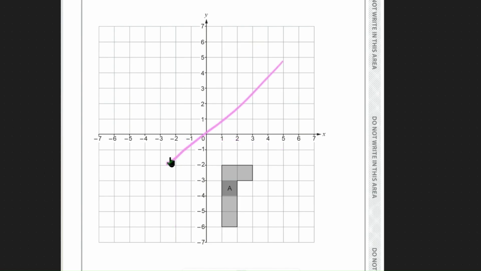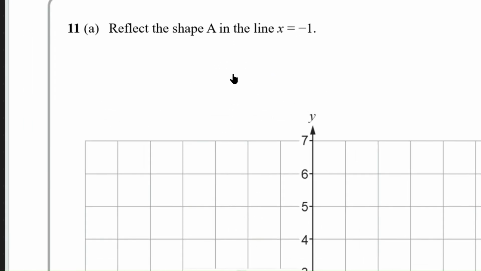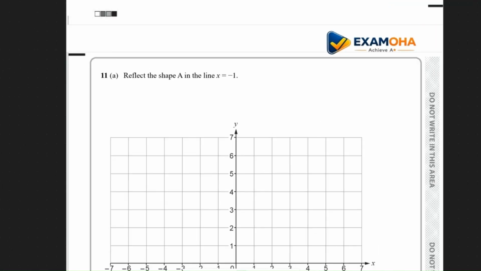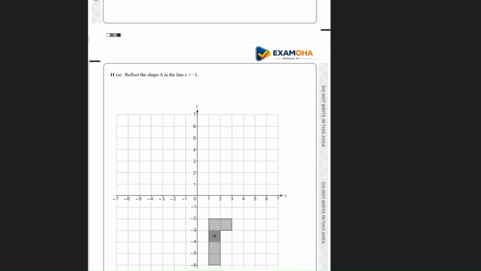So this is what the question is telling you, the line x equals minus 1. That means this is the mirror here. So where can we find x equals minus 1? You look to the x-axis here. This is minus 1. So you draw your reflect line, or we can say it's the mirror here. So this is the mirror.